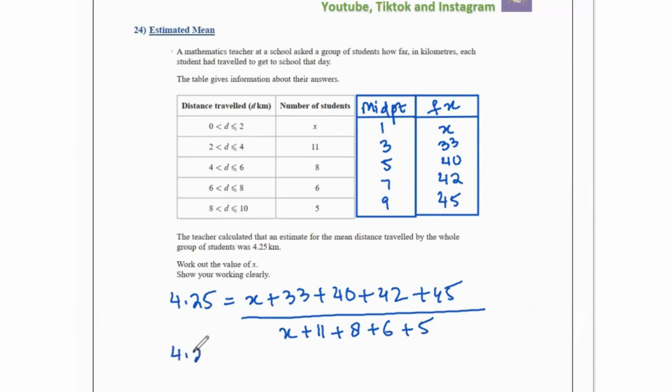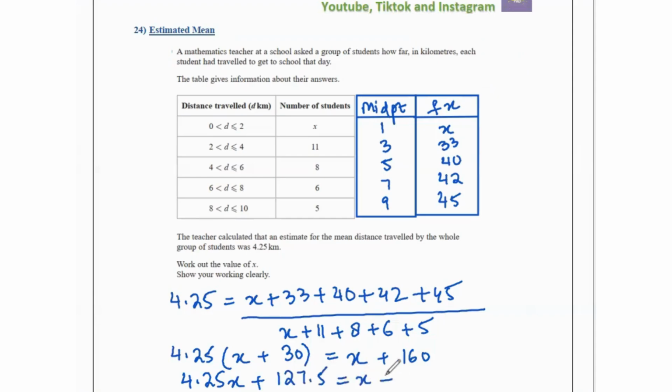So that's 4.25 times x plus 30, and that's x plus 160. So 4.25x plus 30 times 4.25, 127.5 equals x plus 160.